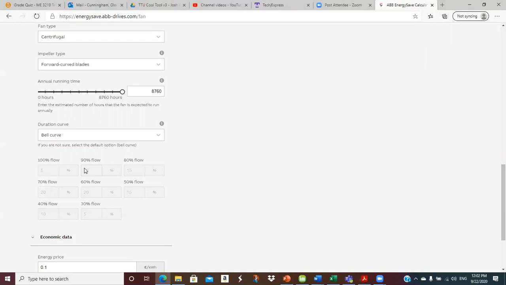But anyway, you have to make an estimation as the engineer as to, well, I think this fan only needs to put out 75% of its rated capacity. And so then that gets you down in here into some of these numbers like, okay, what percent of full flow am I going to analyze?